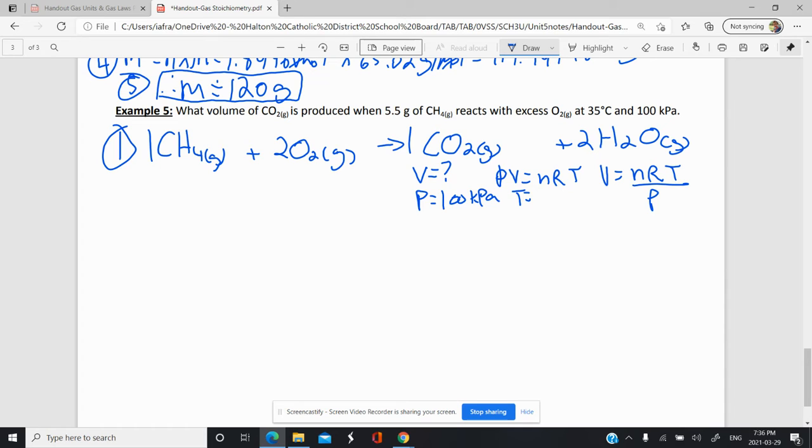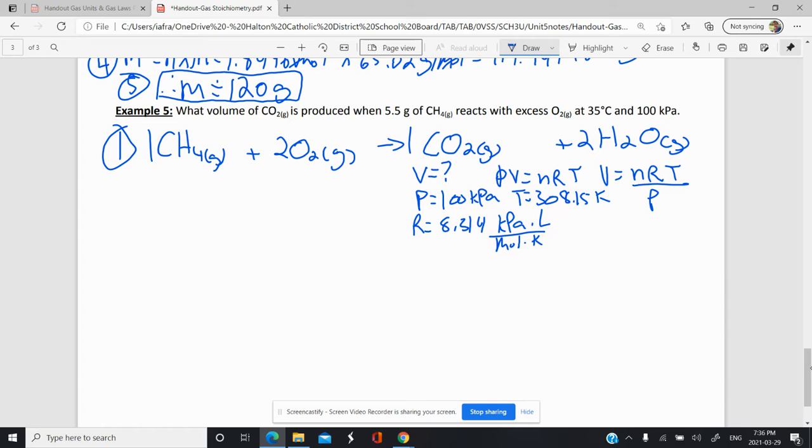We have to convert it by doing 273.15 plus 35, which gives 308.15 Kelvin. And we also have the R value, which is 8.314 kPa liters per mole Kelvin. We need to plug all that in to find the volume.